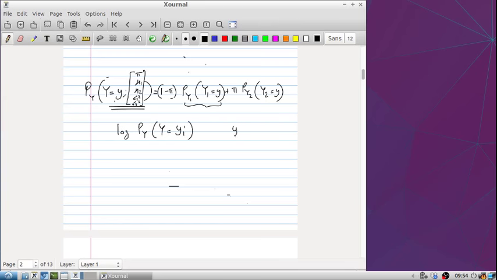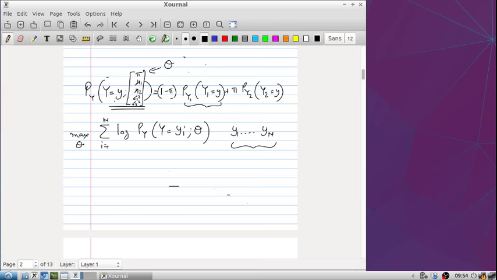Let's say you have little y1 to little yn as your data. You just have to sum over i equal to 1 to n of this thing, which depends on theta. I'm just going to call this theta for simplicity. Theta is just a symbol for this vector, and I just need to maximize over theta. That's the MLE problem.